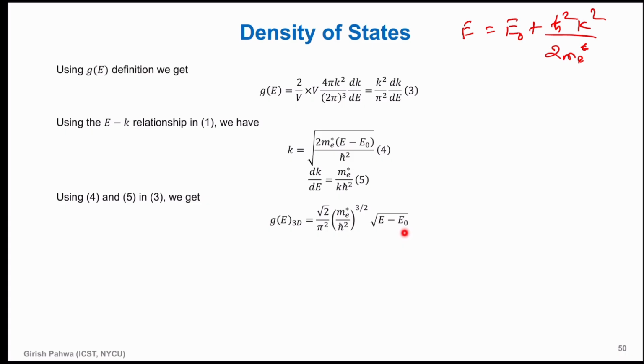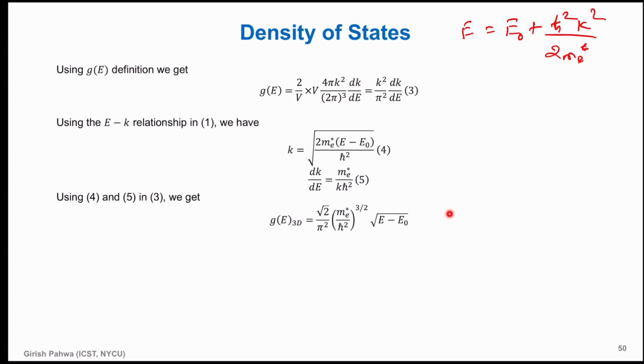Yes, that's what I was talking about, that the number of states lying at different points may not be the same. At some place you can get a denser density of states, some place you have more sparse states. So as you go higher in energy, density of states increases as under root of E.